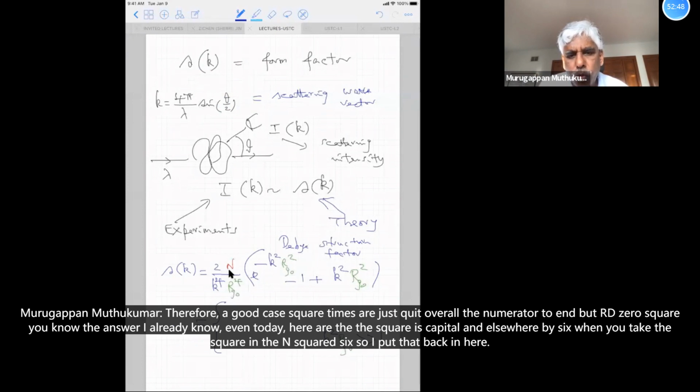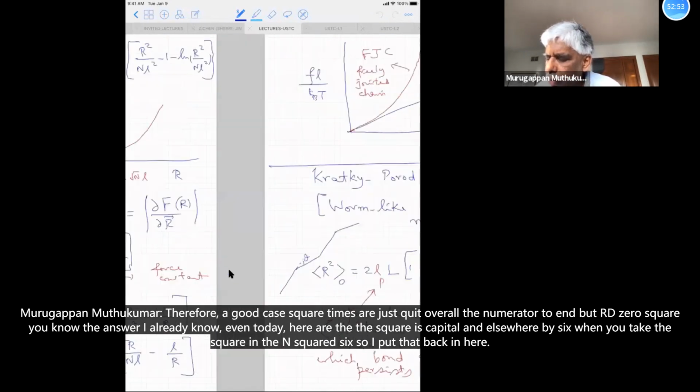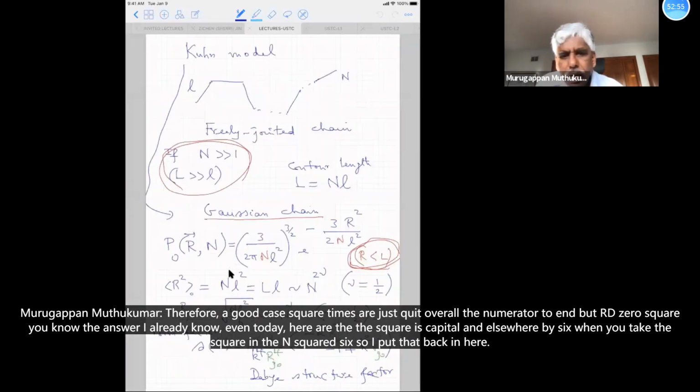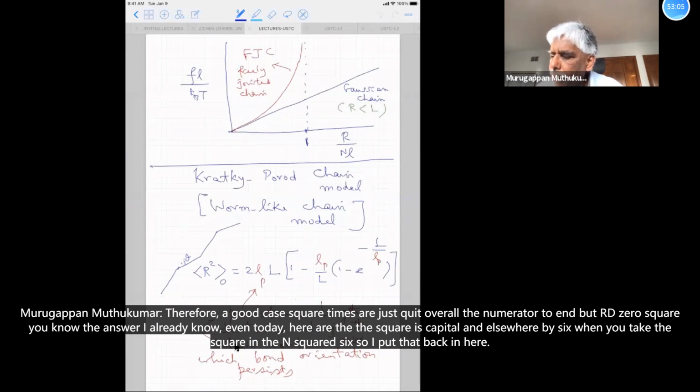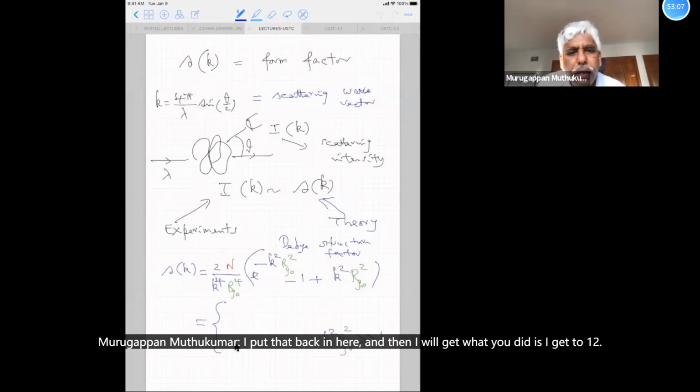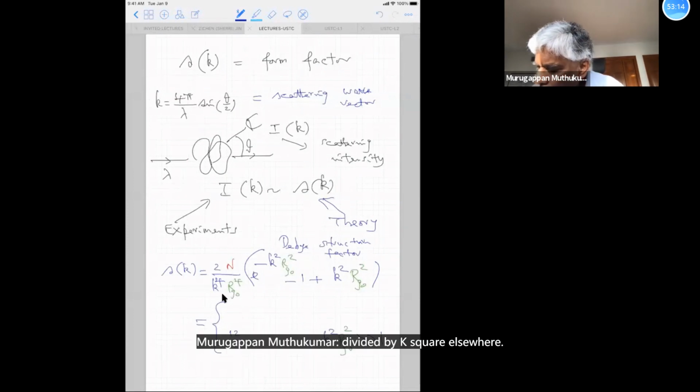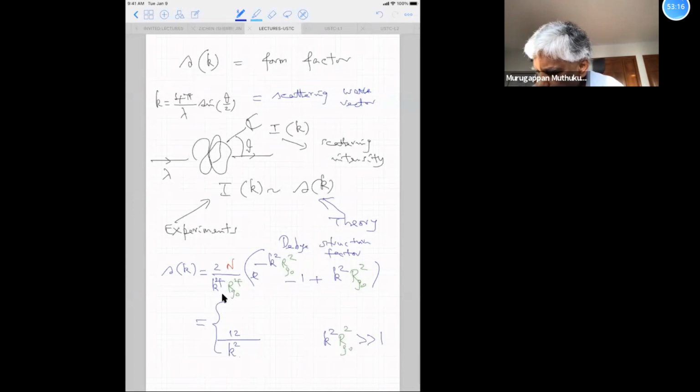In the numerator, 2n. But RG0 square, you know the answer. I wrote it down even today. Here, RG square is capital N L square by 6. So I put that back in here, and what I get is 12 divided by K square L square.